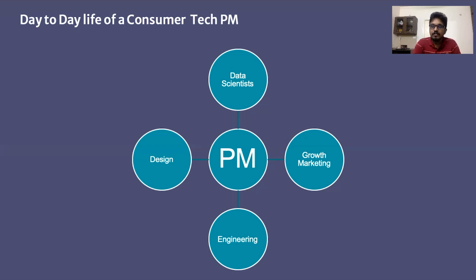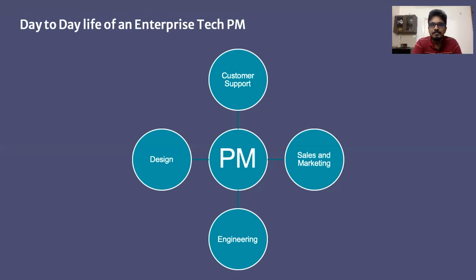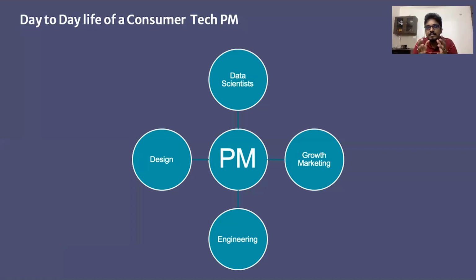I have not mentioned data scientists explicitly for the enterprise tech PM. That doesn't mean that enterprise tech PMs don't work with data. Enterprise tech PMs also look at the data and then decide what the next step should be. But I've mentioned data scientists explicitly for the consumer tech PM because of the kind of data you're dealing with for a consumer tech product, especially a successful one.